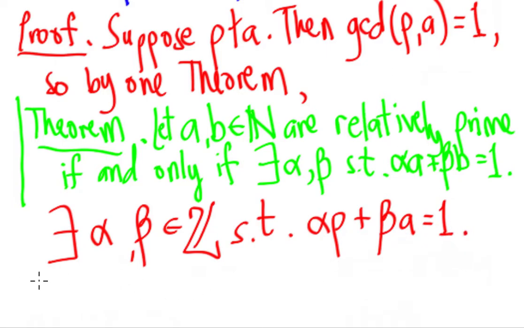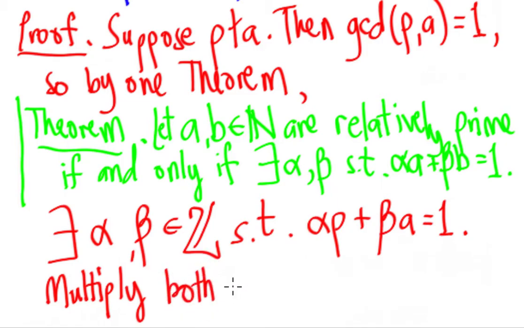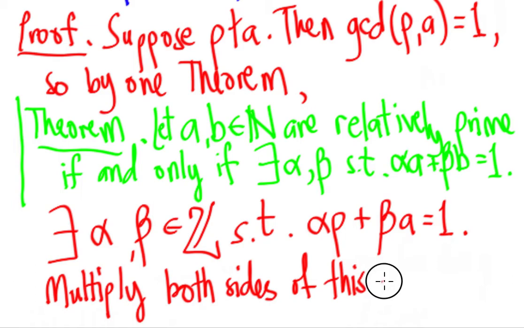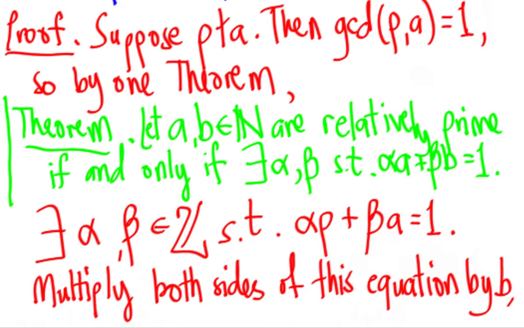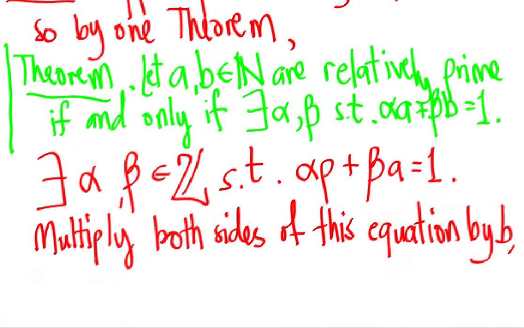The next step is to multiply both sides of the equation by B. If we do that, what are we going to have?